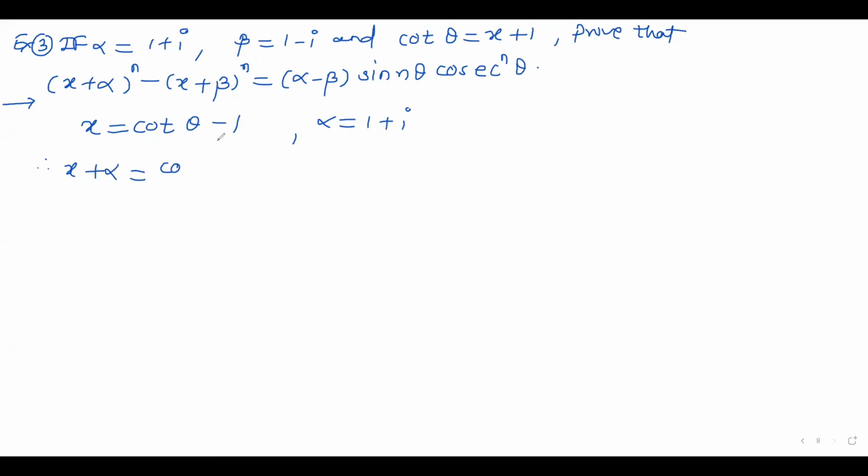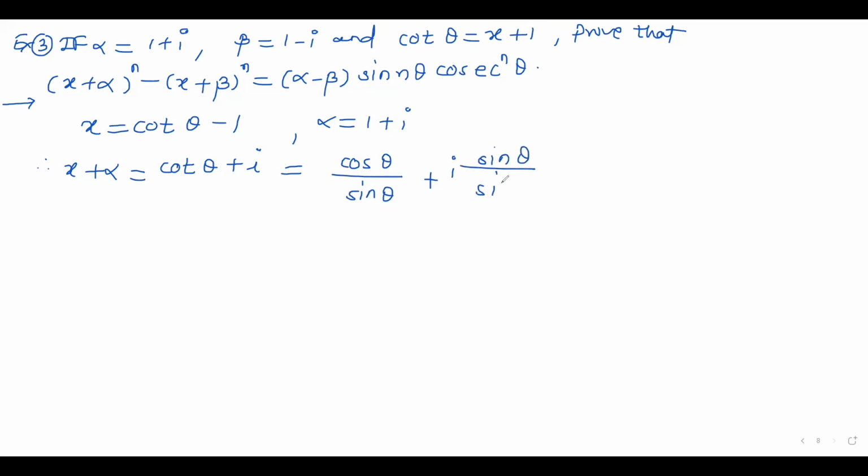So therefore, if we add them, then it will become cot theta minus 1 plus 1 get cancelled plus i as it is. Right? So cot theta plus i, can I write this as cot theta can be written as cos upon sin, sin theta plus i sin theta upon sin theta.